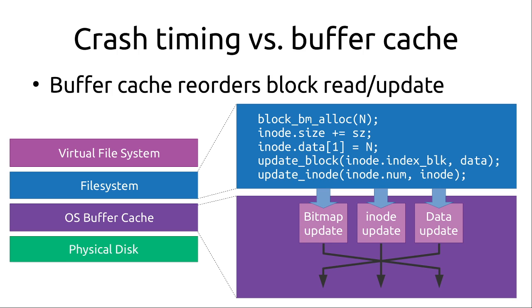So as we update all of those structures within the buffer cache, it may happen that any updates that we do get reordered within the buffer cache or within the layers of the operating system that are sending the requests out to the physical disk. So any of these writes that we do to the disk, they may get reordered.